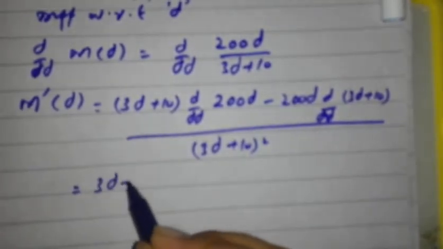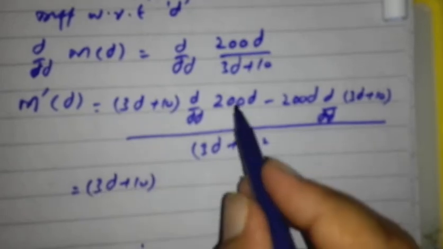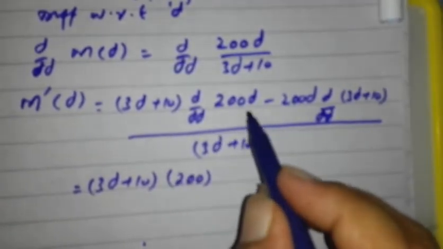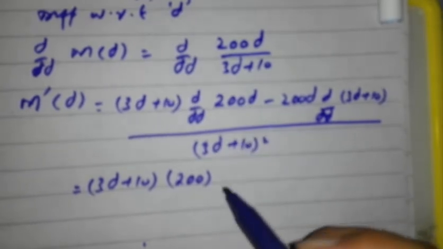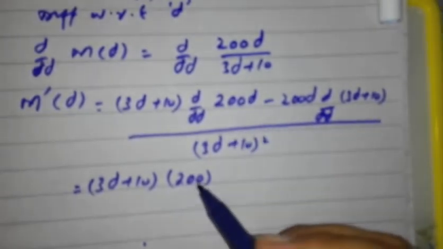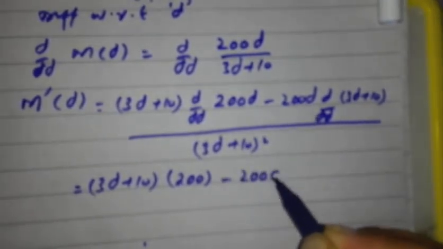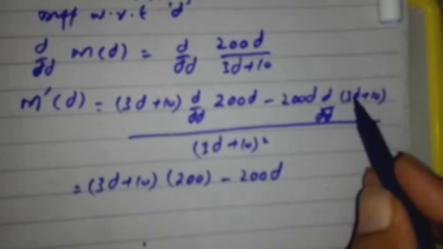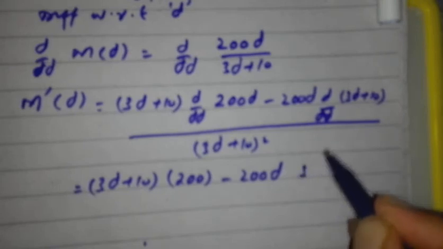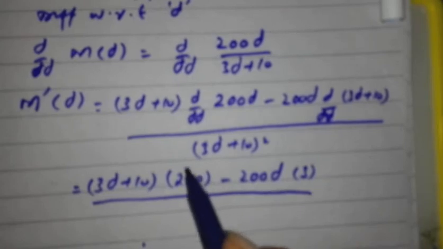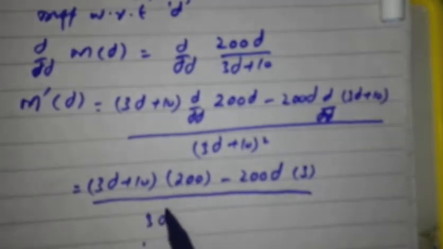Here remains 3D plus 10, and 200D differentiated gives 200. The derivative of 200D is 200 with respect to D, minus 200D, and here the derivative of 3D with respect to D is 3, and 10 is 0, over 3D plus 10 whole square.